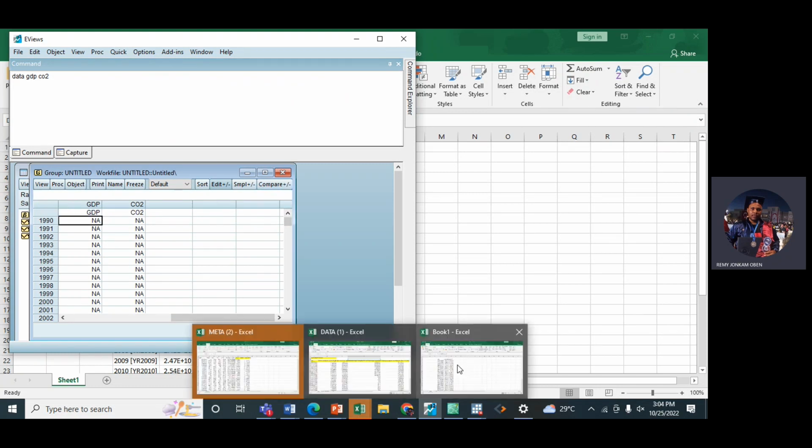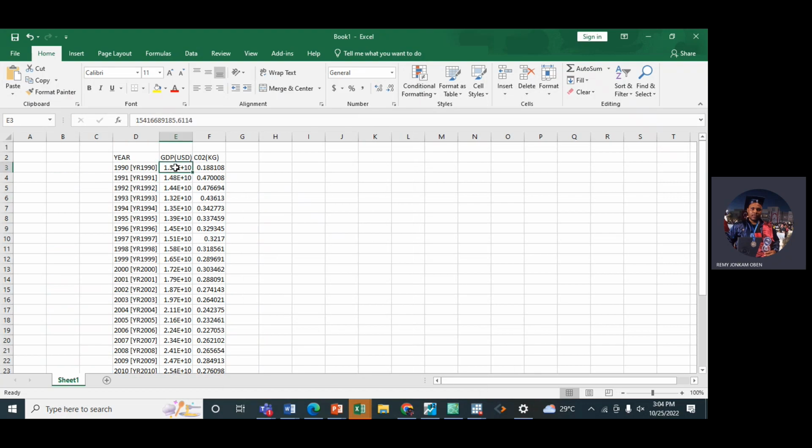Now all you need to do is copy your data. Copy only the data. Don't copy the title or the years, just the data. What I always do, I click on the first cell, scroll down, and hold Shift and click on the last cell.